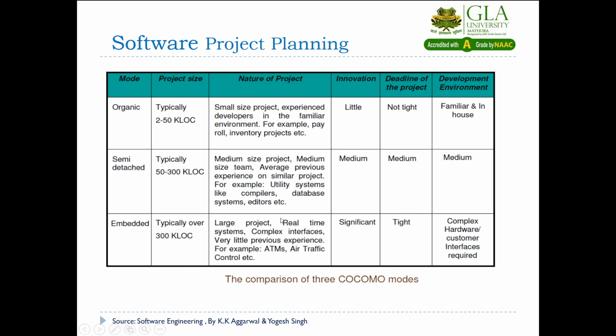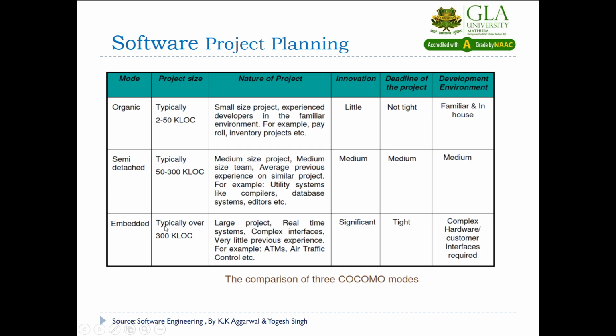Because these are utility software like compilers, database systems, and editors, and the team members have average experience developing such software. Innovation, deadline of the project, and development environment are all medium.